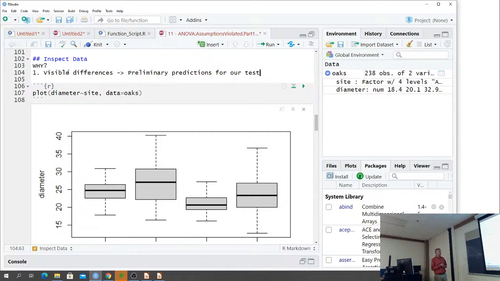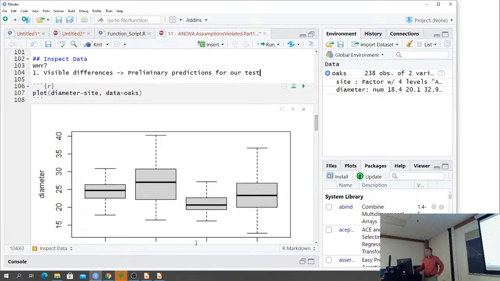What if I get a p-value of 0.5? What would I think? Let's change it to 0.4. Reasonable. Anything above 0.5, I start to question, because I'm looking at these medians and these boxes, and it doesn't look like these boxes overlap at all.